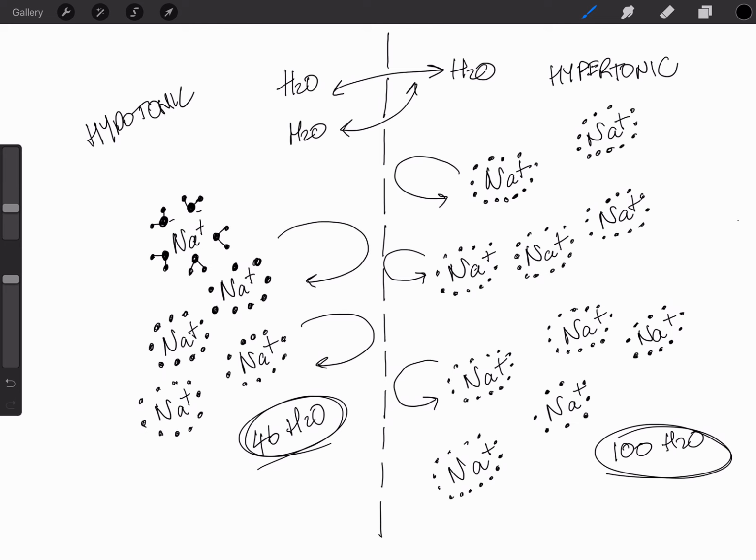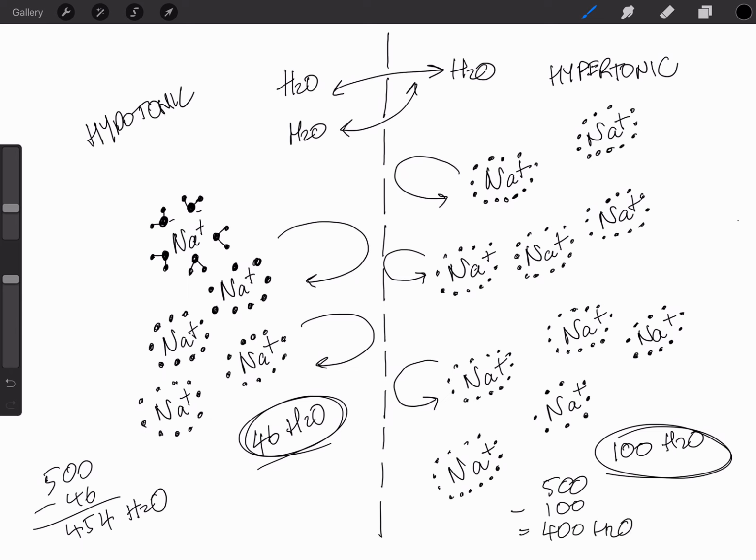This is a silly example, but it makes it easier. Let's say there are 500 water molecules in total on the left and 500 on the right. If we take off 46, that leaves 454 water molecules free to move on the left. On the right, we take off 100, and we've only got 400.